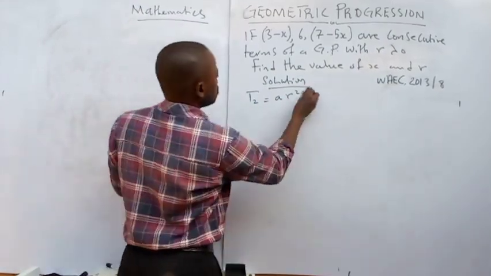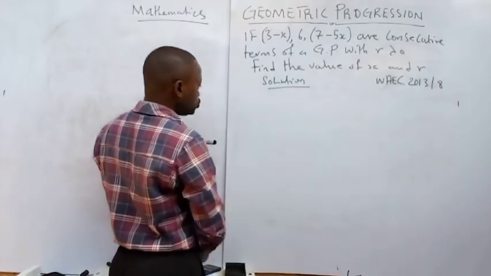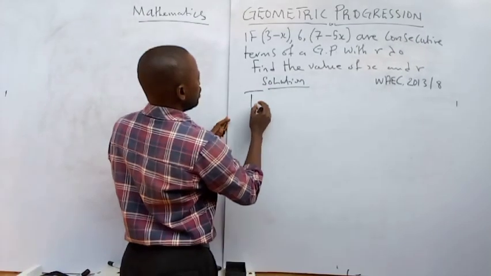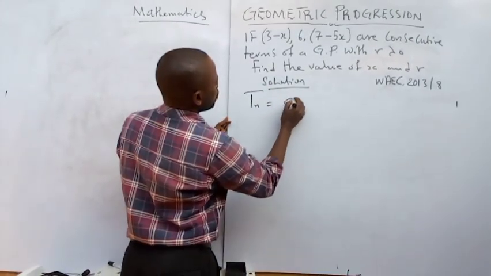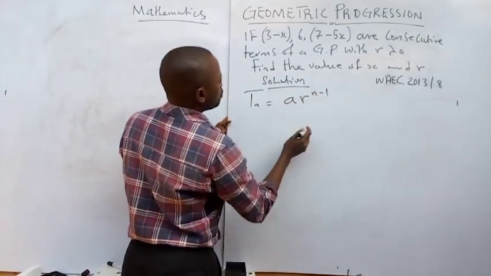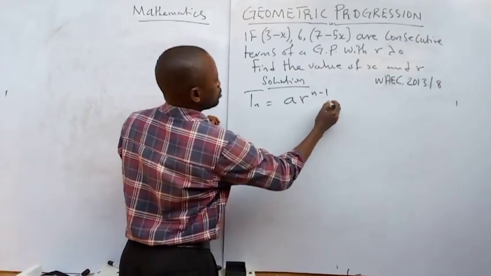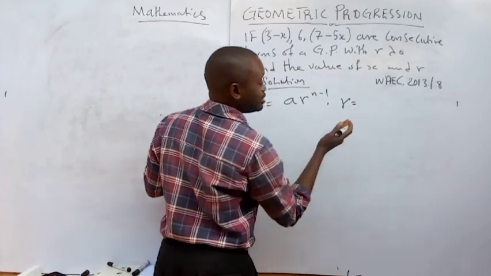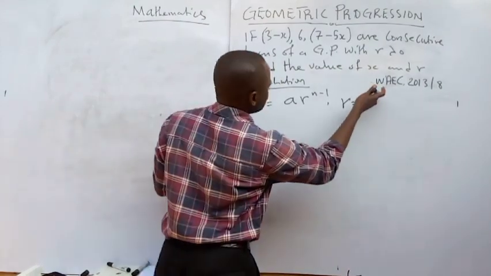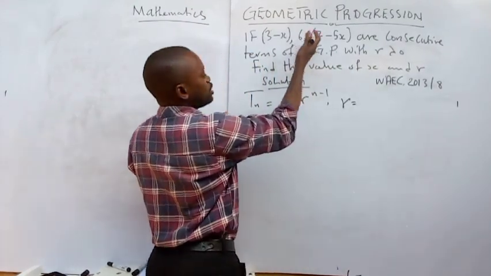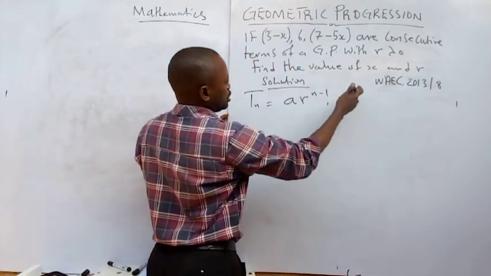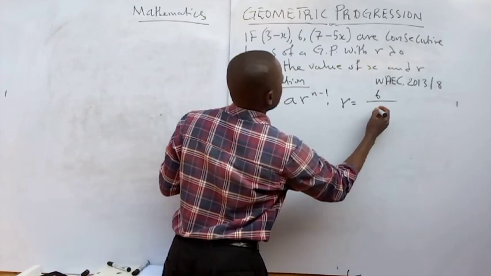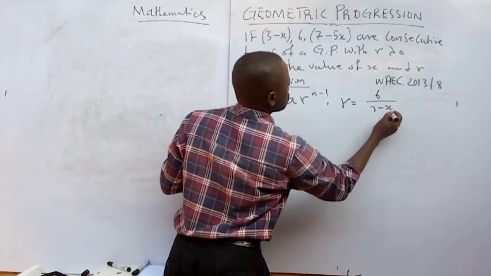That's why we are not going to pass here, otherwise we may not be able to get it. Where we are going to pass through will be having written the expression Tn equals a r raised to n minus 1. The common ratio, which I explained as later over former, will be 6 over 3 minus x.